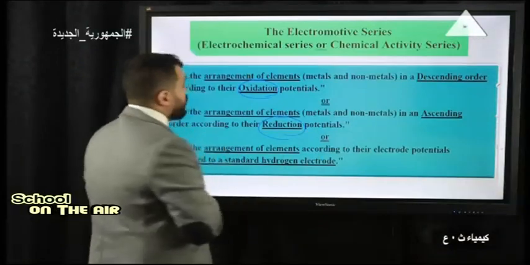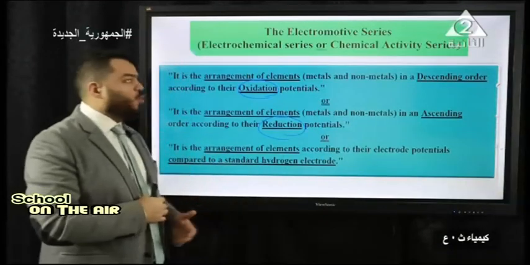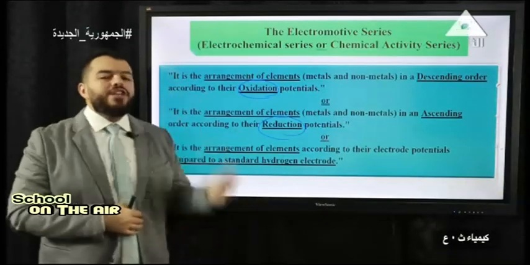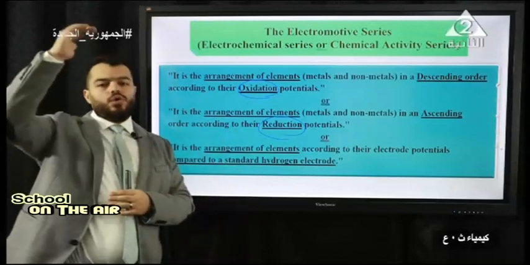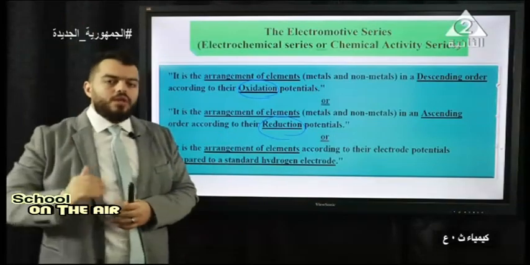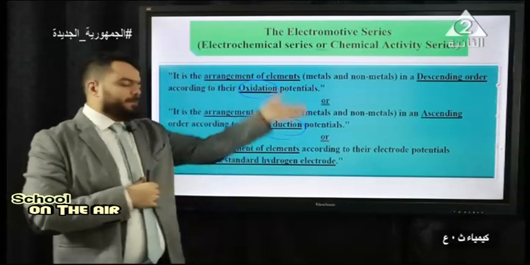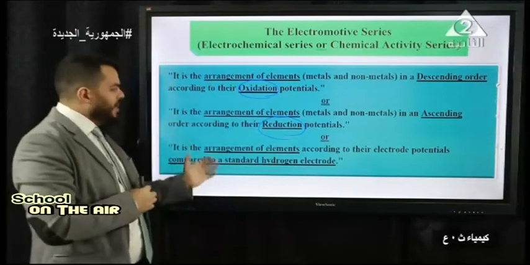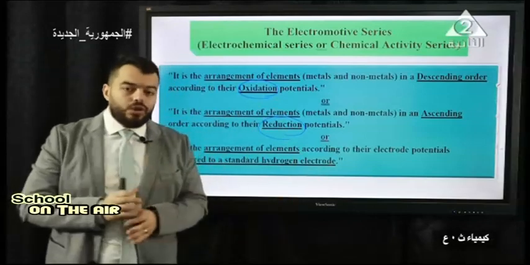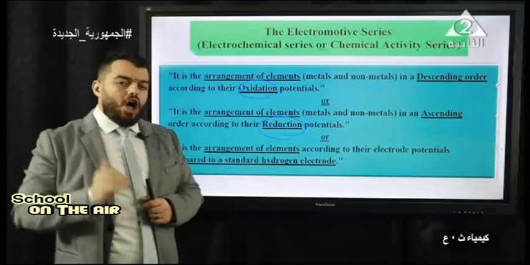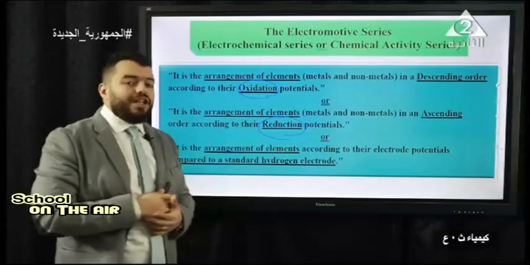the arrangement which is called the electromotive series is an arrangement of elements in descending order, from the large to the low, in the oxidation potential. Or it is the arrangement of elements in ascending order, from the low to the high, in the reduction potential.